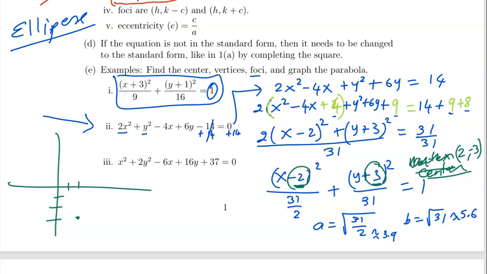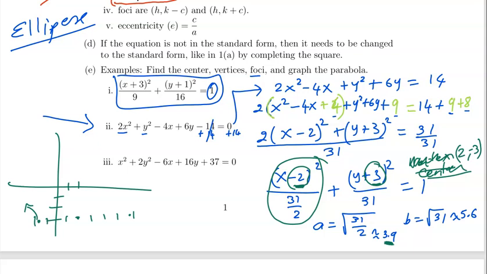If you look at the horizontal direction, I'm going to go 3.9 units to the right and 3.9 to the left. That's the shorter one, right?